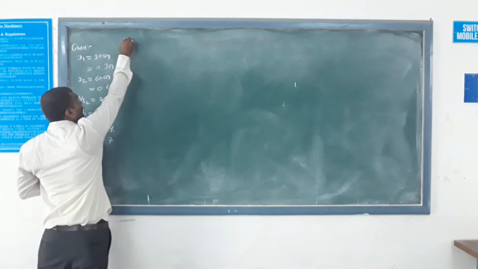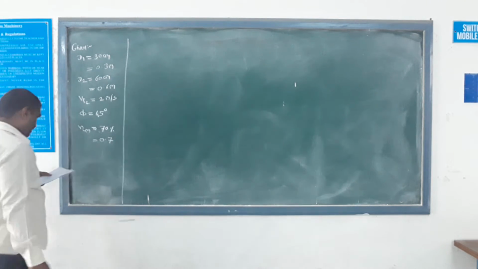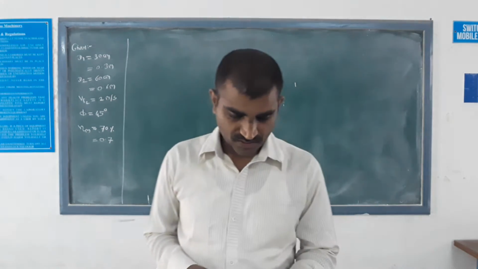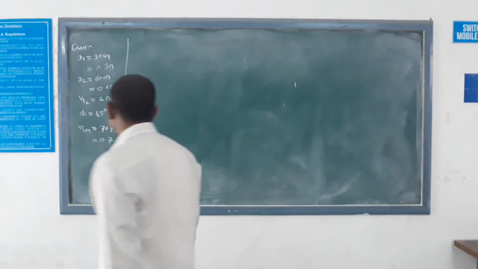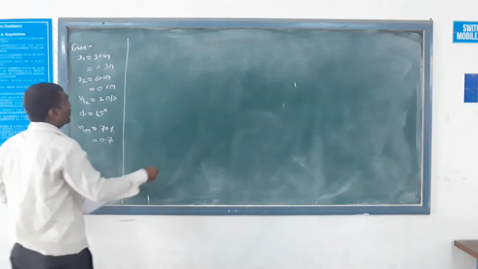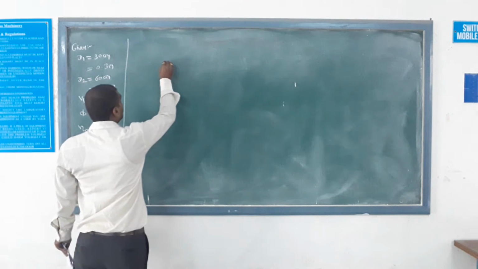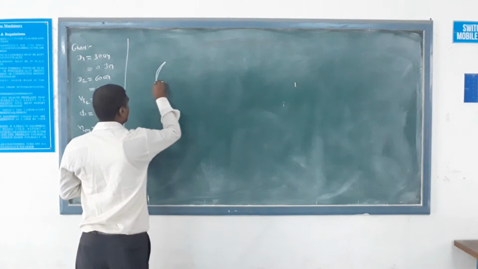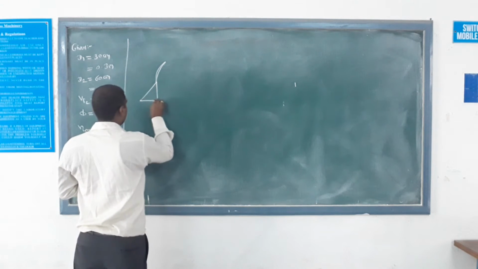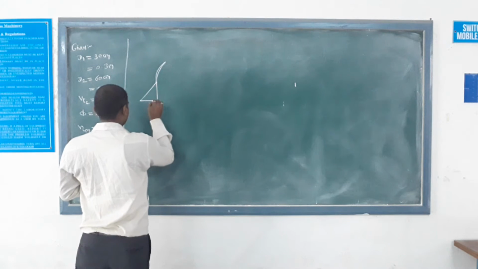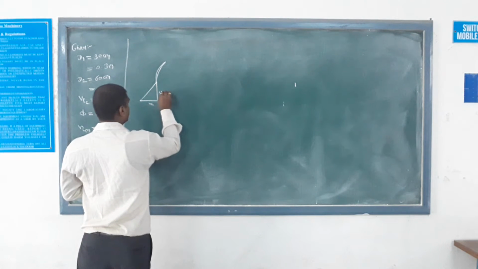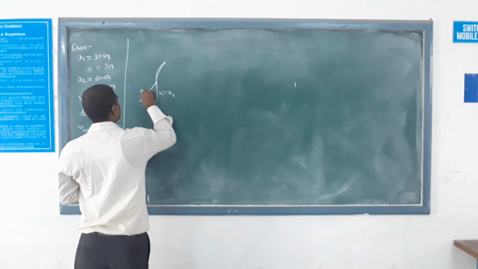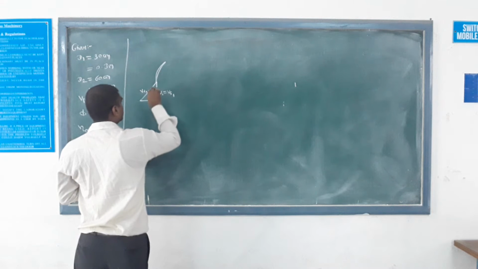So see here, we have to find out the minimum speed of the centrifugal pump. Before the formula for minimum speed, first draw the diagram for the centrifugal pump inlet triangle. This is your inlet triangle: U1, V1 equal to Vf1, and this is Vr1. Direction like that.